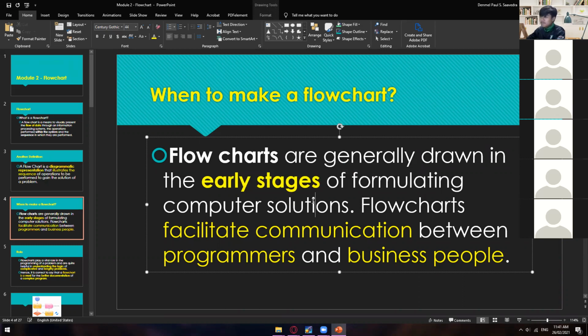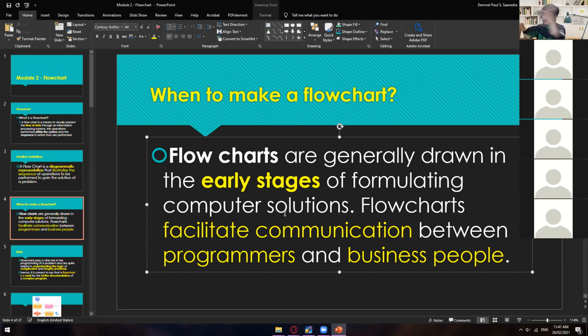Why? Because a flowchart is a way for you to see what part of the system will go where. For example, we have this section, another section, and then another section. In that case, you can already identify which part you're going to focus on for now. For now, we'll focus on the data, on the inputs, and the next day we'll focus on the processes, and then the next day on the outputs.